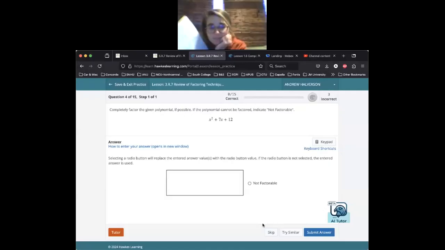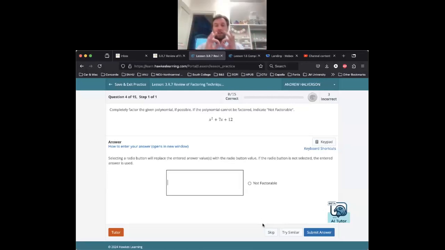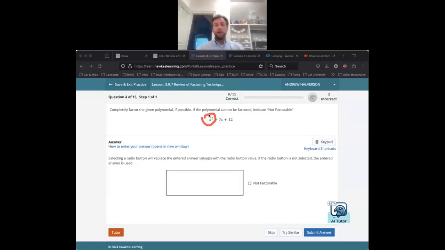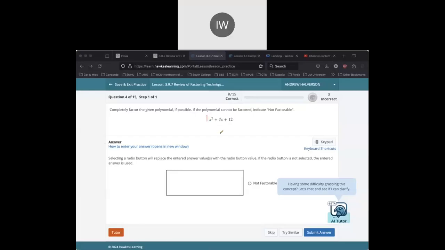What does it mean to be the leading coefficient? You look at the term with the x squared. That's the leading term. The leading term is the one with the highest exponent. The coefficient in front of that x squared is the leading coefficient. So we look for a 1 in front of the x squared, essentially.